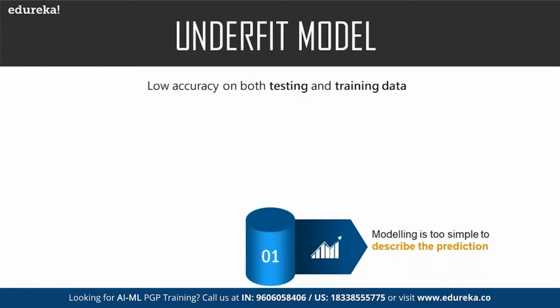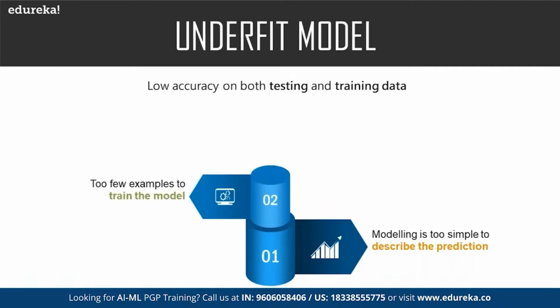Not just on the training data, but also on the testing data, we get lower accuracy, because we did not choose the right data set to be used for evaluating the model. If you ask what data set we need to use for model evaluation, we'll see that in the following slides. So here again, too few examples to train the model, which means the examples are the samples, the data.